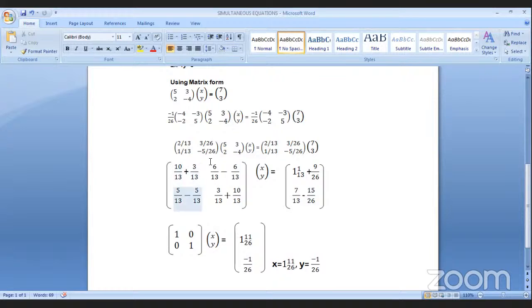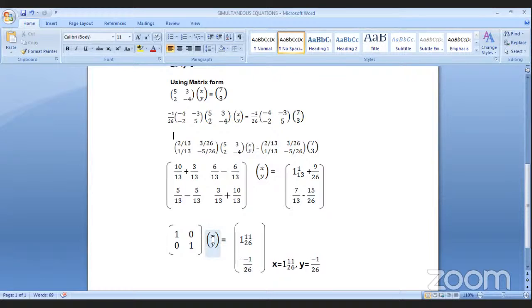So when we work out here, this becomes 13 out of 13, which is 1. Then this is a 0, as you can see here. This is also a 0, and this is still 13 out of 13, which is 1. When we add these, here we get 11 out of 26, and this becomes negative 1 out of 26.